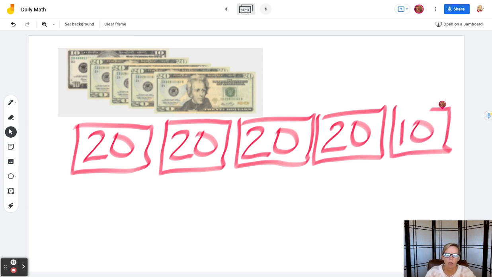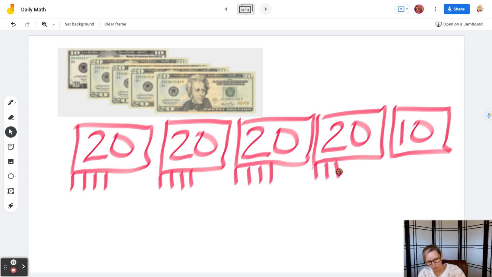Okay, we have 2 options when we're counting based on tens. When we're using base 10, we could skip count by tens instead of fives. So we could come in here and count by fives and say 5, 10, 15, 20, and then do the same for each bill, and then 5, 10.